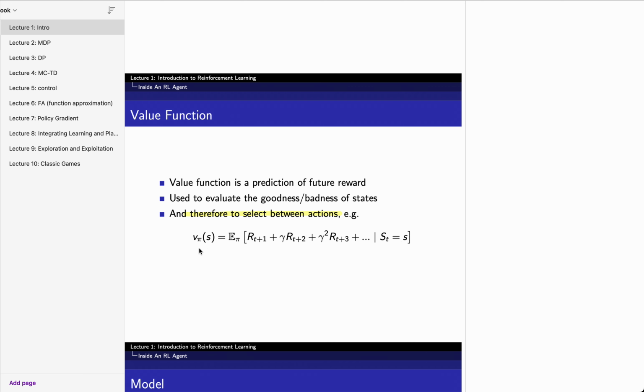Imagine I'm standing in a maze. If I take a left turn, I'm going to move to the next position in the maze. Whereas if I take a right turn, I'm going to move to another position in the maze. Each of these positions will have a state value function to evaluate how good that state is.